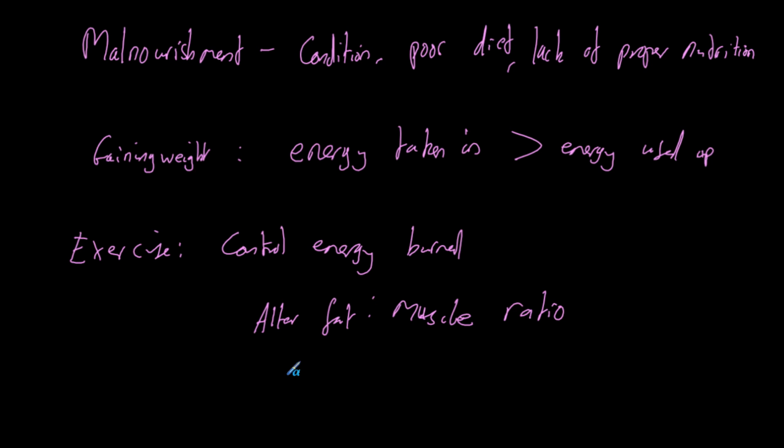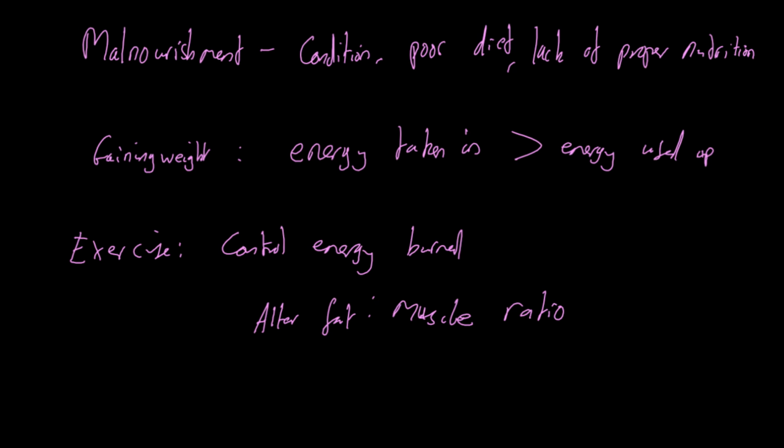And therefore, if we have a high amount of fat and a low amount of muscle, this is bad. Exercise allows us to increase our muscle mass, and that will therefore mean that more of our body is made of muscle than it was before.